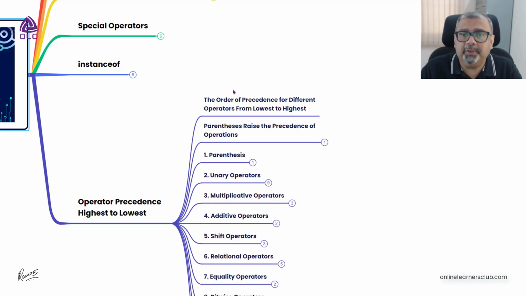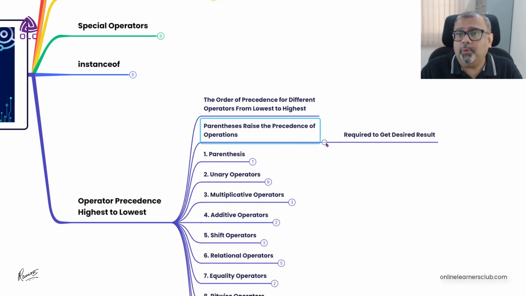So the order of precedence comes into the picture, and here parentheses raise the precedence of an operation. Whenever you require a particular result to be executed first, you put that in parentheses. Putting something in parentheses will group the respective elements in your program, and that gets the highest precedence for execution.